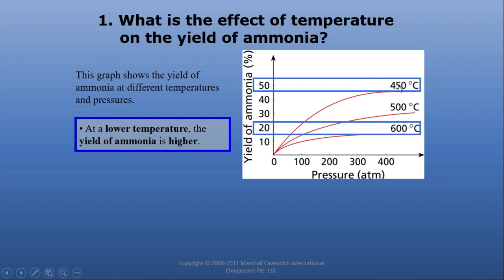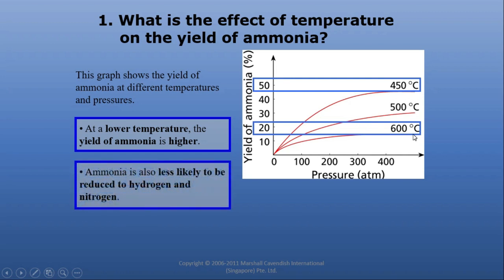It means at low temperature more ammonia is produced and less is converted back into nitrogen and hydrogen. At high temperature less ammonia is produced and more ammonia is decomposed back into nitrogen and hydrogen. So ammonia is less likely to decompose to hydrogen and nitrogen at low temperature.